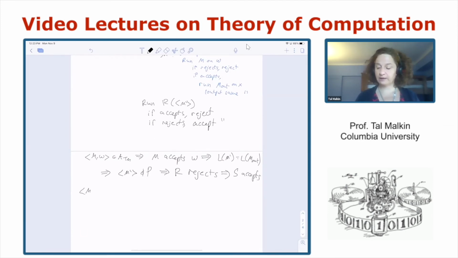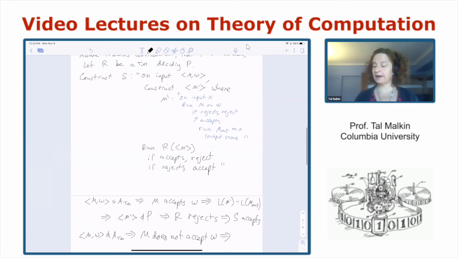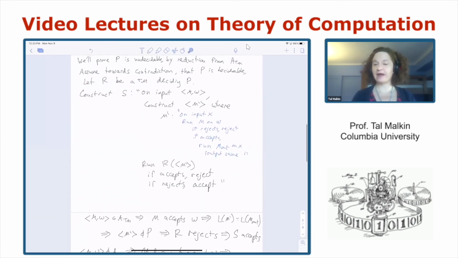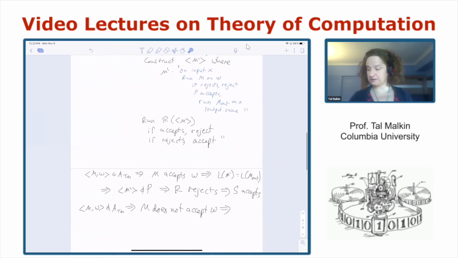And on the other hand, if MW is not in ATM, then M does not accept W. And therefore, what is the language of M prime? If M does not accept W, I don't know, it either rejects or runs forever. In any case, maybe let me write it explicitly.